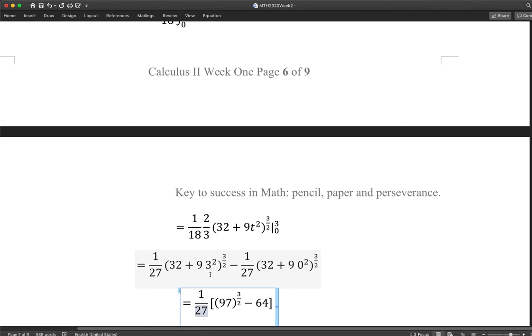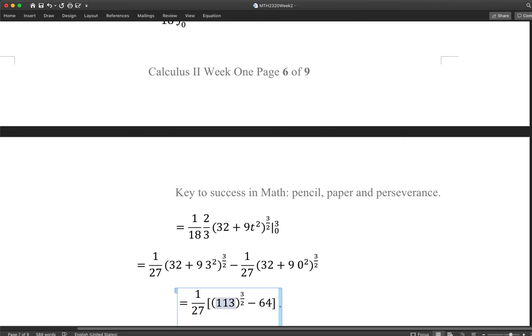Let me see if this will cause any bigger changes. 3 squared is 9, and 9 times 9 is 81. 81 plus 32, I think that's 113, right? Let me verify the calculation.